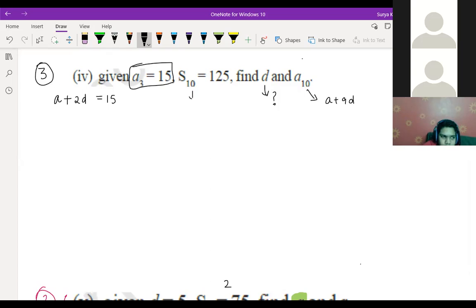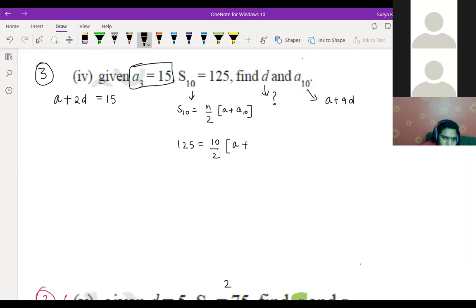So for S10, what can we write here? S10 is equal to n by 2 into A plus AN, correct? So S10 we know that is 125. N is 10, 10 by 2. A we don't know.